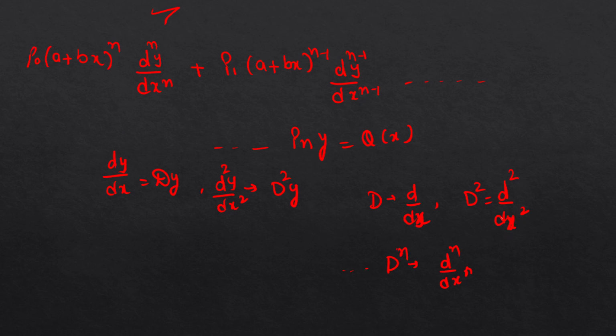Now we will write down in symbolic form. So simply what we have to do, we have to replace with D raised to power n. We have to replace this with D raised to power n minus 1. So now see, if I want to write down this equation in symbolic form, firstly, how can I write it down?